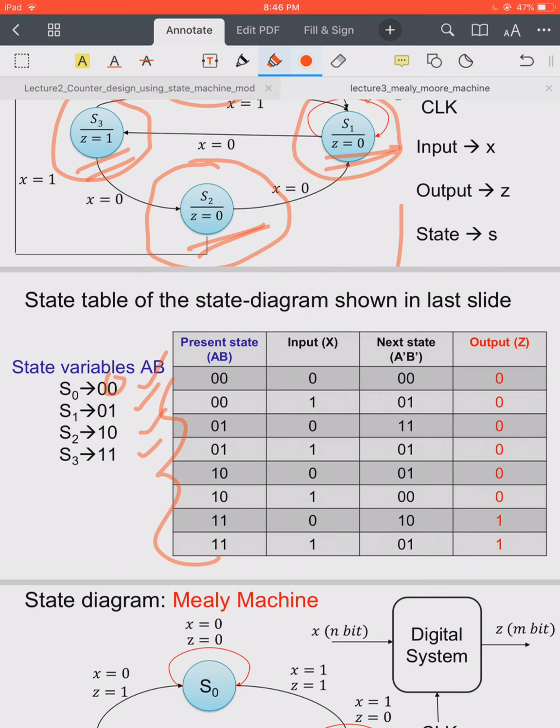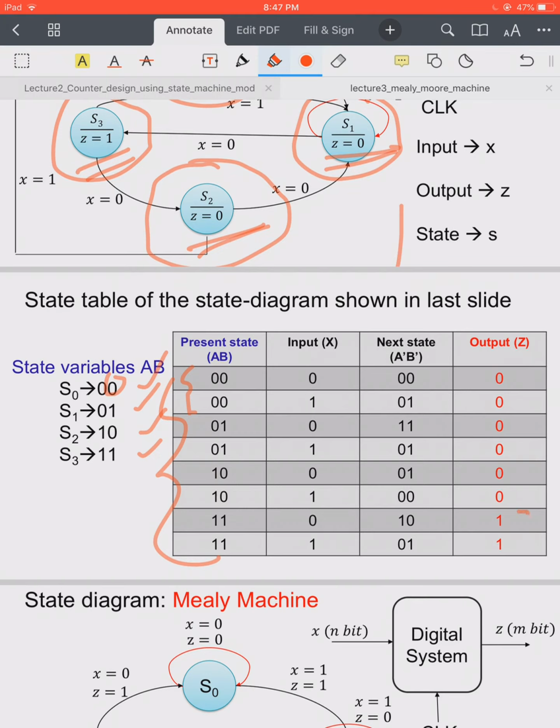Each present state appears two times because my input can be either 0 or 1, and based on the 0 and 1 the next state will be different. And the output is specific to a present state, right?